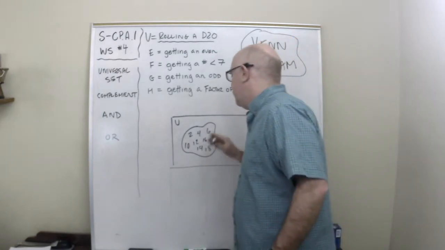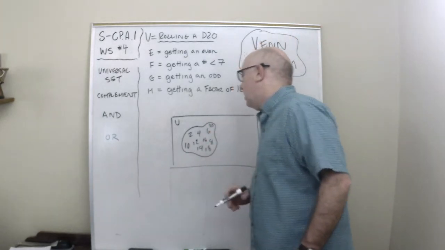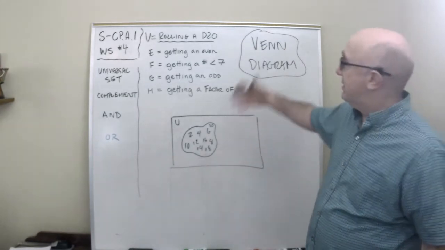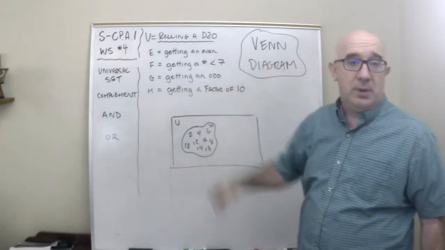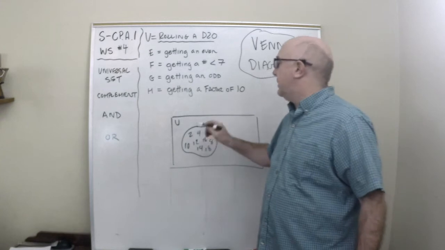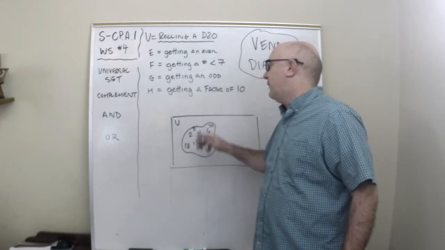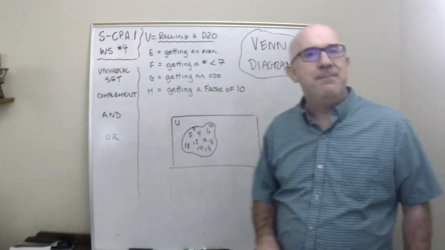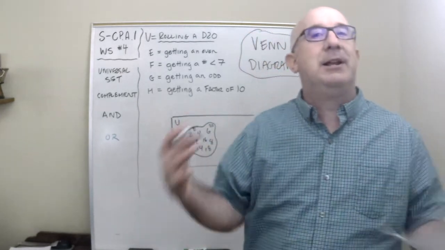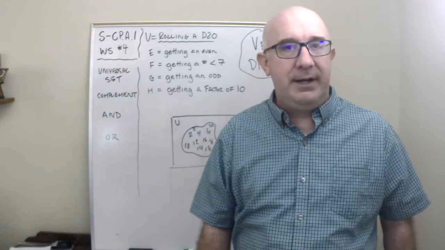Whoa, what about 20? And a 20. There they all are. 0 is not in the group because it's 1 through 20. And then we would list a little letter E there for all of the evens. No magic to the boundary, just make it large enough that everybody can fit on there.